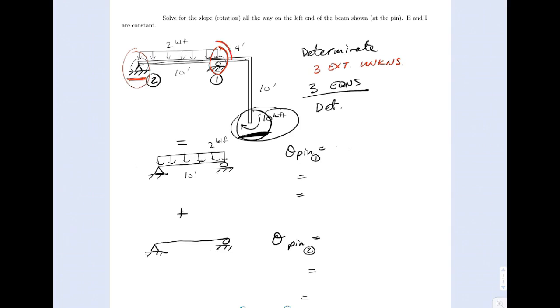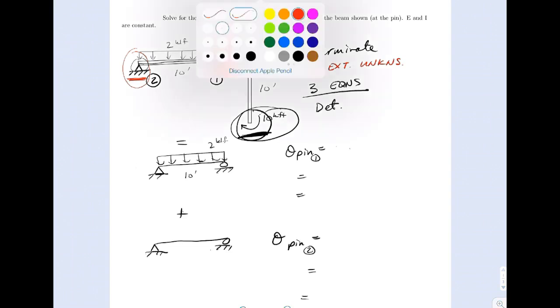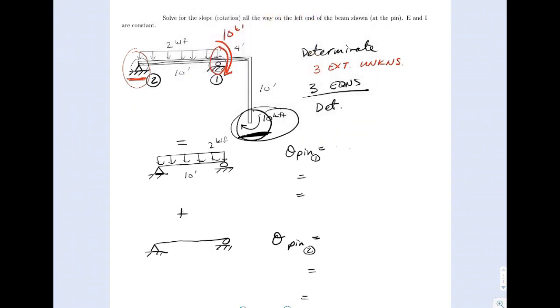That is just going to be a 10 kip-foot moment. No force will be present, no statically equivalent force results. So I've got now a 10-foot beam with a 10 kip-foot applied moment.